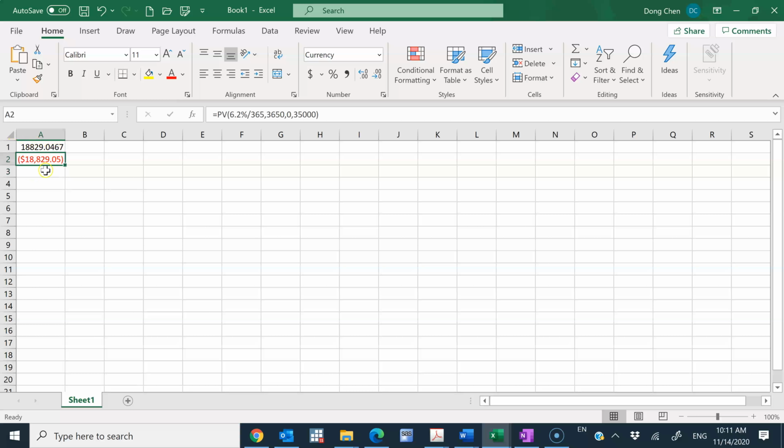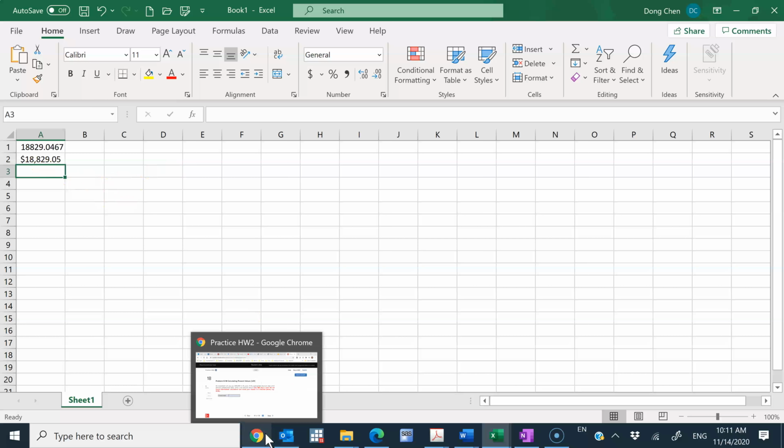But if you want to get a positive value, you need to put a negative value for the future value. That's basically the rule for Excel or your financial calculator: the current cash flow and the future cash flow will have opposite signs. But either way you will get the same answer.